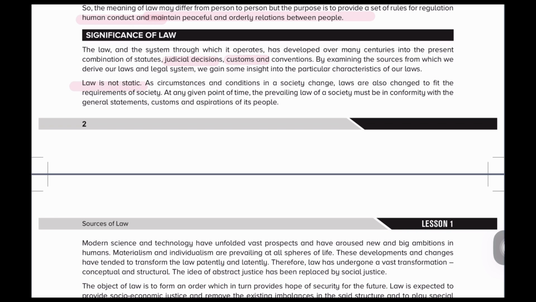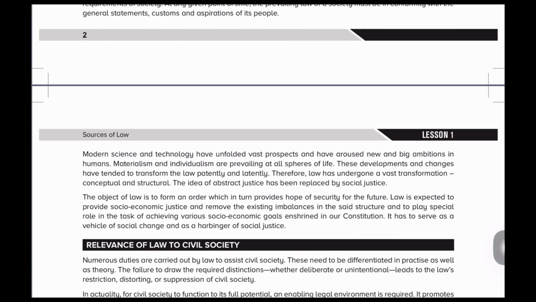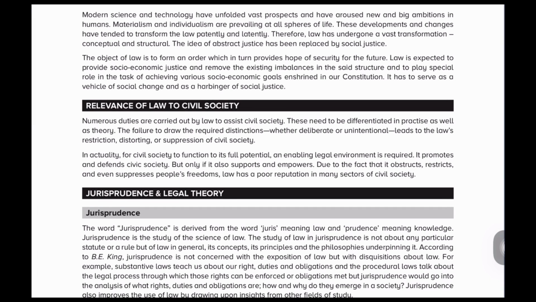Significance of law. Law has evolved over many centuries through customs, judicial decisions, and statutory rules. So, law is not static, it keeps changing with society. As our needs, technologies, and values evolve, like artificial intelligence nowadays, so laws are revised to reflect those changes. For example, modern science and technology have created new challenges and ambitions.